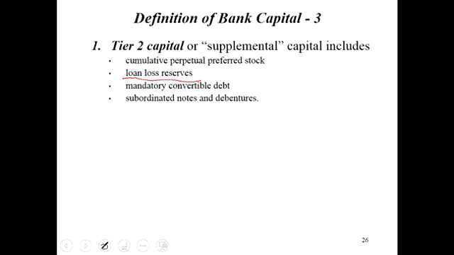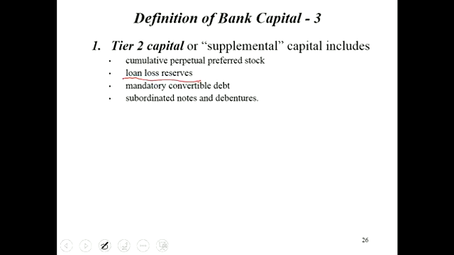They put this aside expecting that they're going to have to use it. Although it looks like very good capital in one sense, you expect to use this stuff up as loans go bad. And if you look at our data here, 0.6% of your loans go bad. That's why it's sitting over in tier 2.